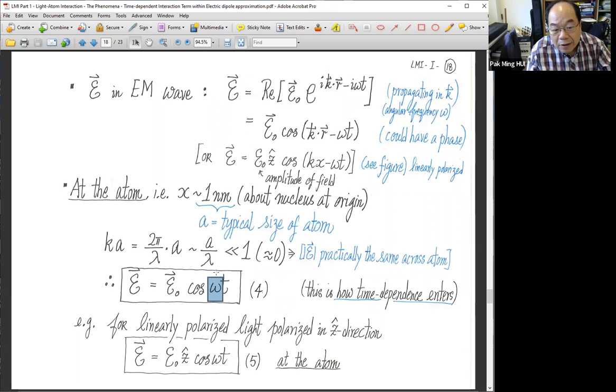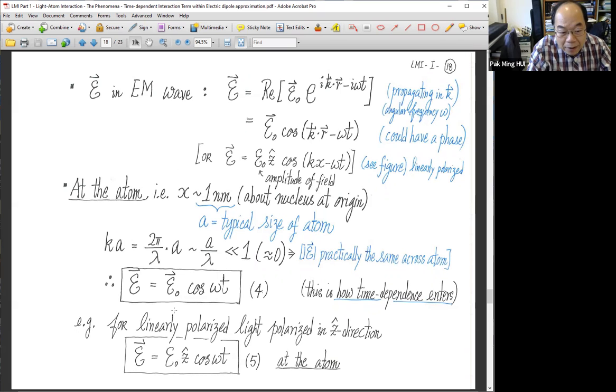But the wavelength dependence is now ignored, for the reason that the wavelength is long compared to the size of the atom. Let me hint at more. If you keep this term, or at least first order in this term, you will have a more complicated expression, and the result could be higher multipoles. So we are doing only electric dipole.